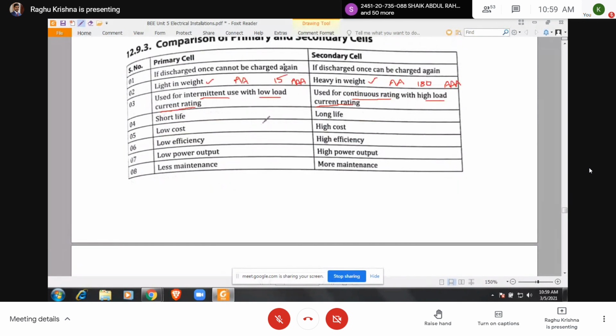Primary cells will have a short life. Secondary cells will have a long life. Next, low cost: as I told you, 12 to 15 rupees. The secondary cell has a high cost, starting from 150 rupees minimum, while the primary is just 12 rupees.